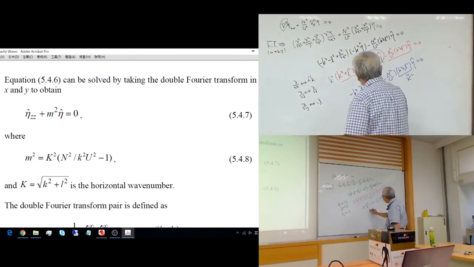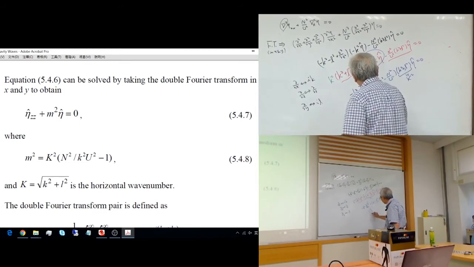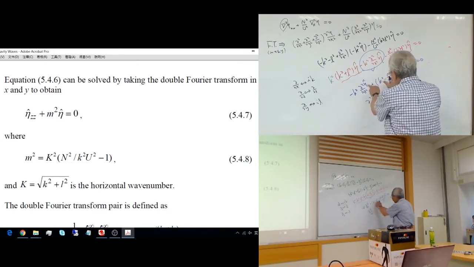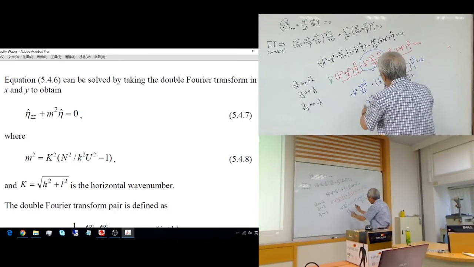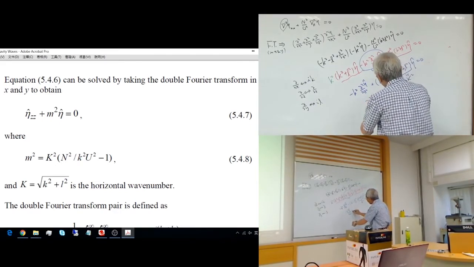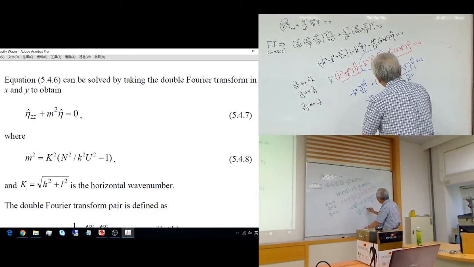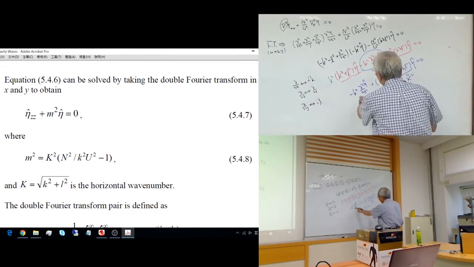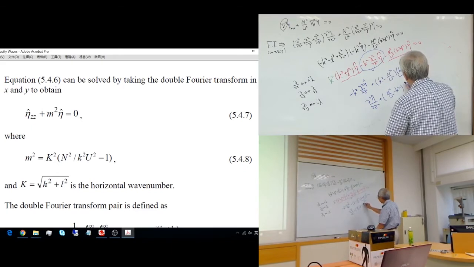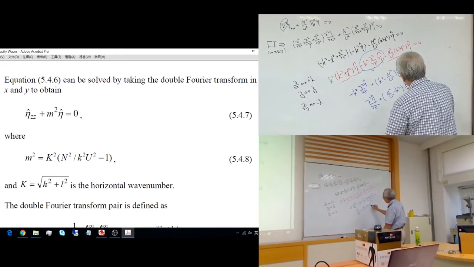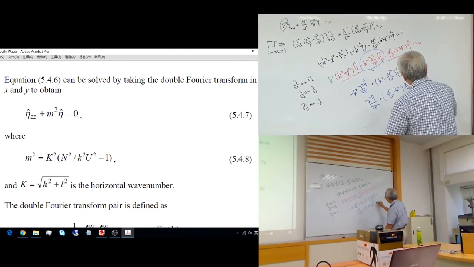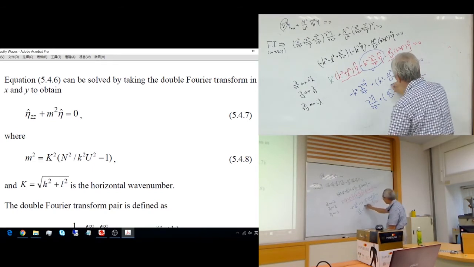Okay, so then we have the eta hat g squared. And then we just swap these two, and then it will become plus N squared over U squared minus K squared, and then divide by K. So then we have kappa squared divided by K squared, and then eta hat equals 0. Okay, then this should be correct.